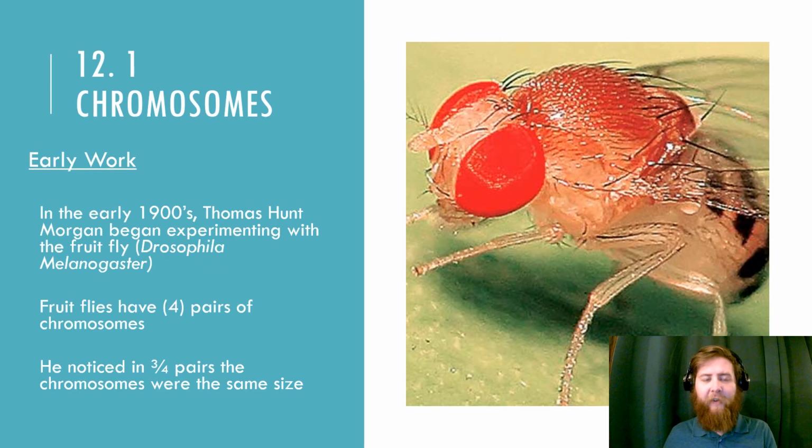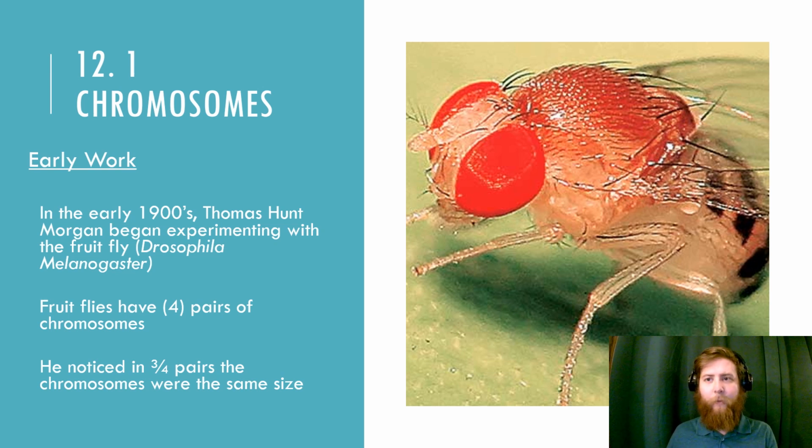All right, so the first thing we need to talk about is chromosomes and an early work of chromosomes. In the early 1900s, Thomas Hunt Morgan was experimenting with the fruit fly, Drosophila melanogaster. These guys are a nice model organism. They work really well for studying genetics because they only have 4 pairs of chromosomes.